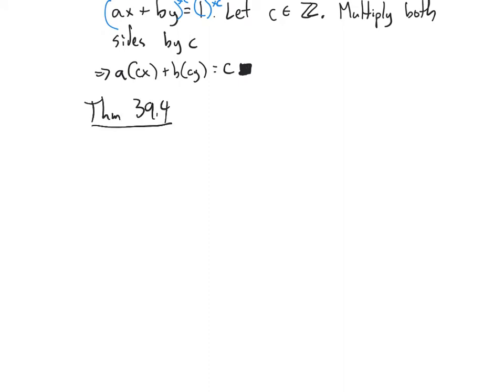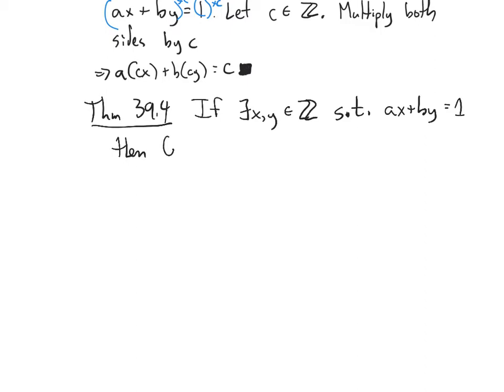39.4. If there are integers x and y such that ax plus by is indeed 1, then the GCD of a and b is 1.